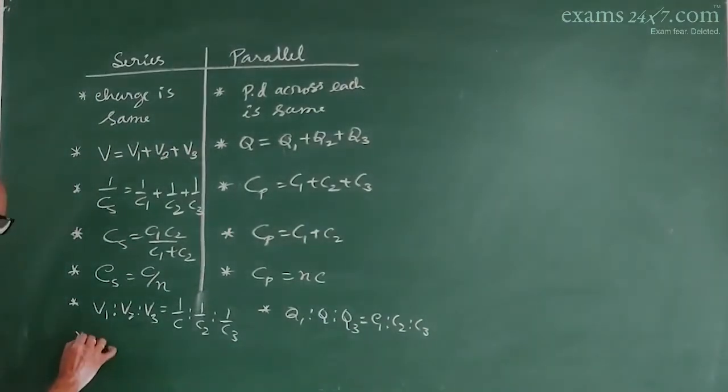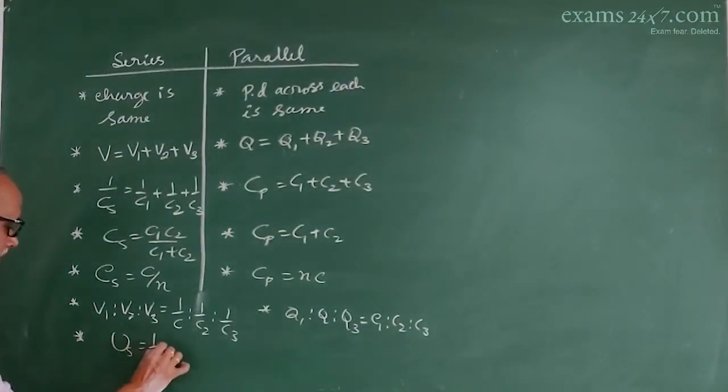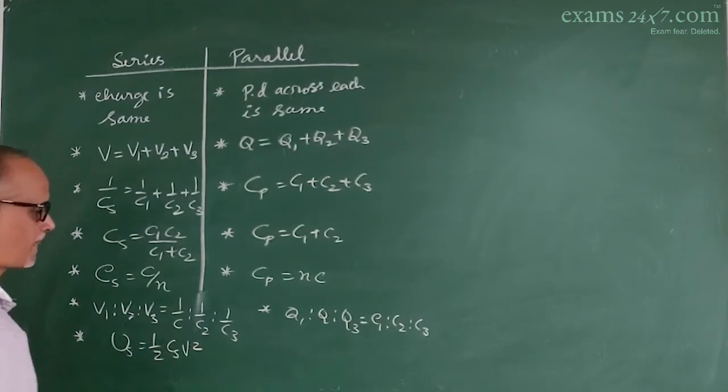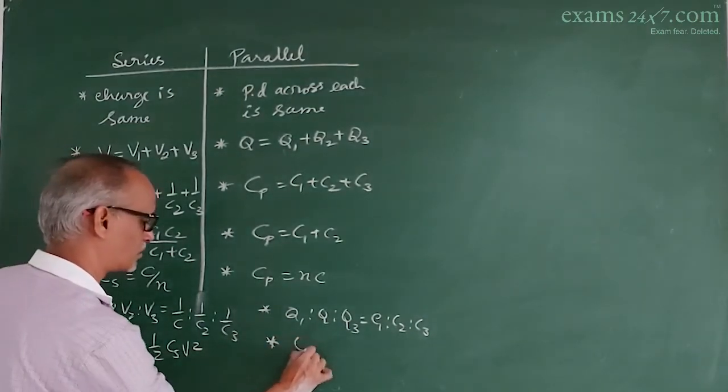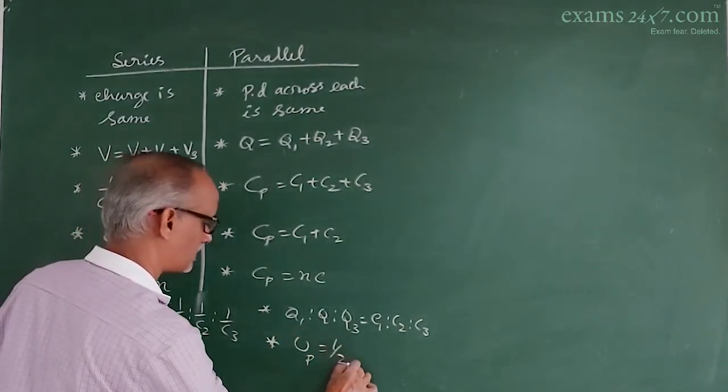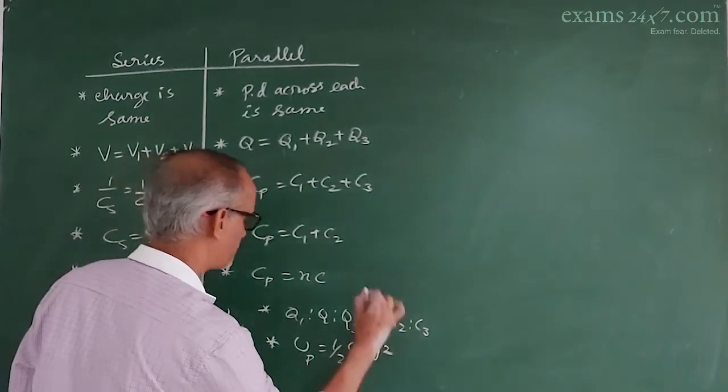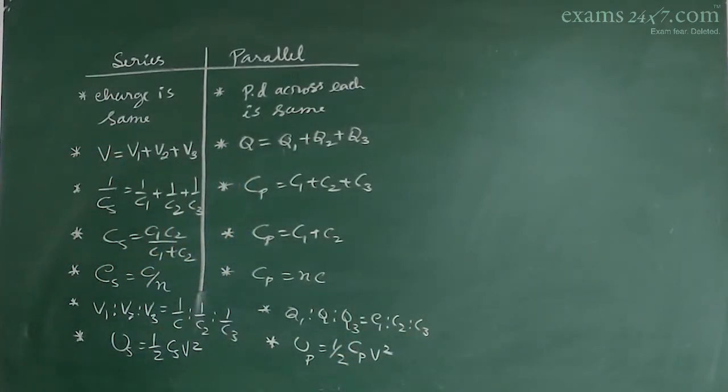The energy stored in the combination Us is equal to half Cs V square, whereas here the energy stored in the combination Up is equal to half Cp V square.